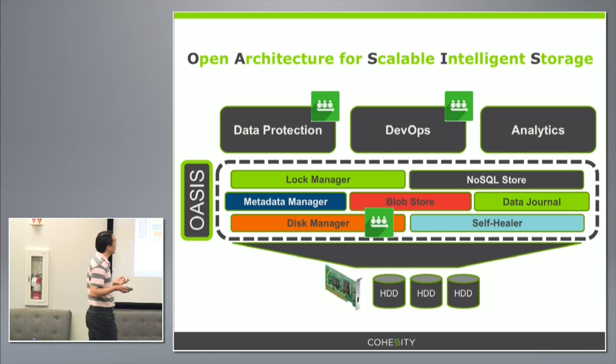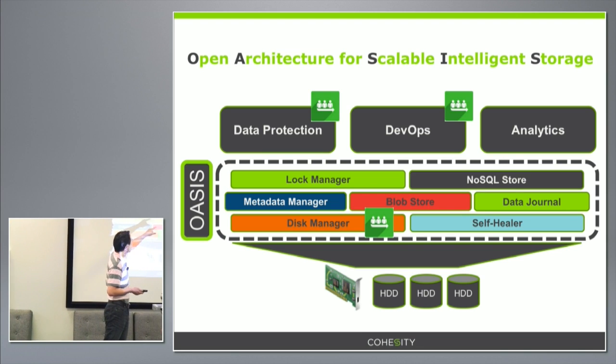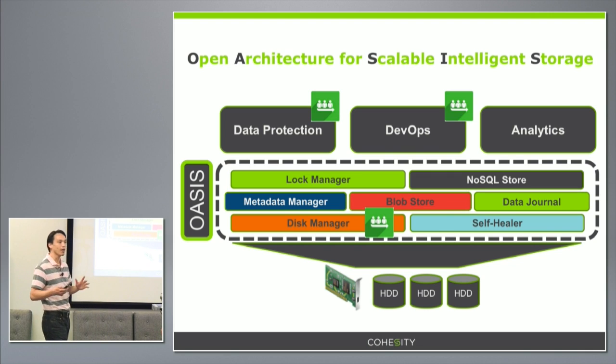If you didn't have QoS, those writes coming in would get queued behind all the write requests from the data protection job. But you have QoS, and you say this is higher priority, so you essentially let it jump in front of the queue. You let it cut in line. And so now you can have responsive DevOps and at the same time have the data protection run as fast as it can.